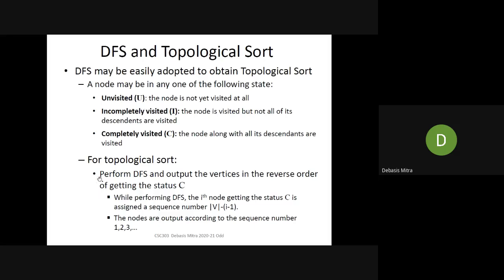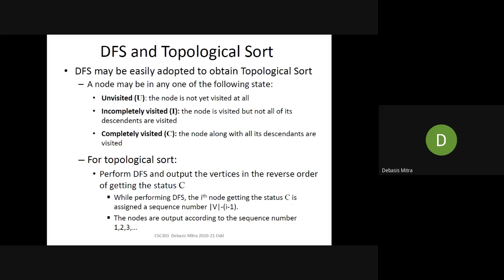Now what you have to do is perform DFS and output the vertices in the reverse order of getting the status C. So you will just perform DFS and complete it. When the entire DFS completes, all the nodes will have the level C. Now you keep a record of which node is getting the visited status first, then which node is getting it next.